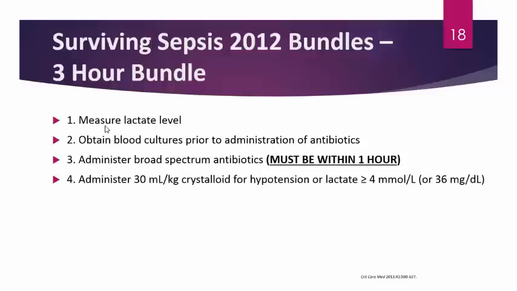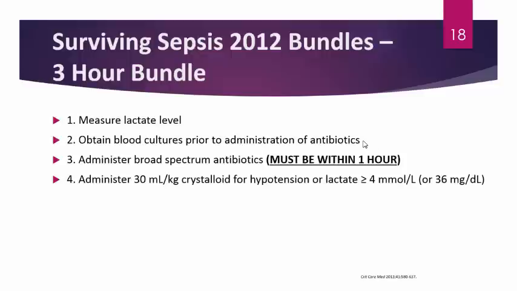So one of the first things that you should do is measure a lactate level. And this can be obtained from the blood. Around the same time, you want to make sure that you obtain blood cultures prior to the administration of antibiotics.